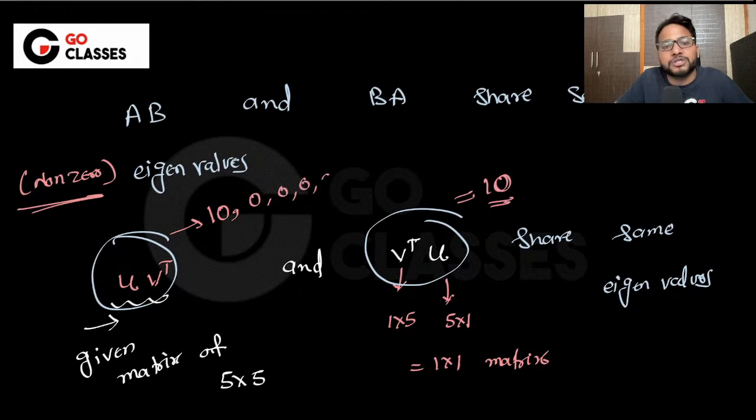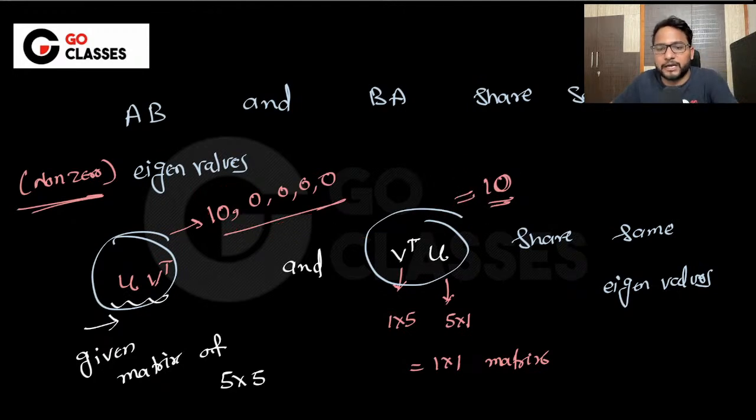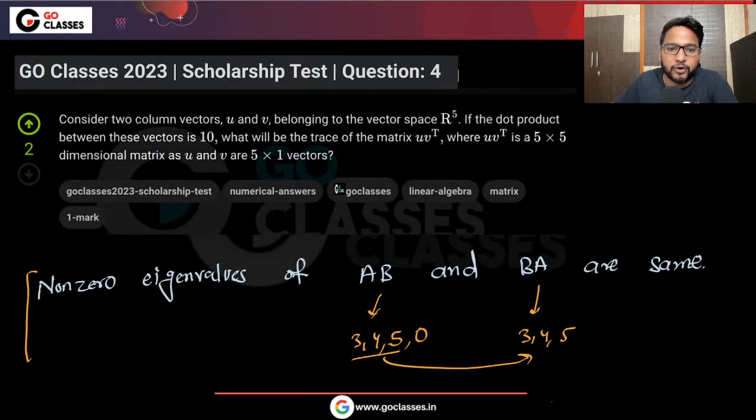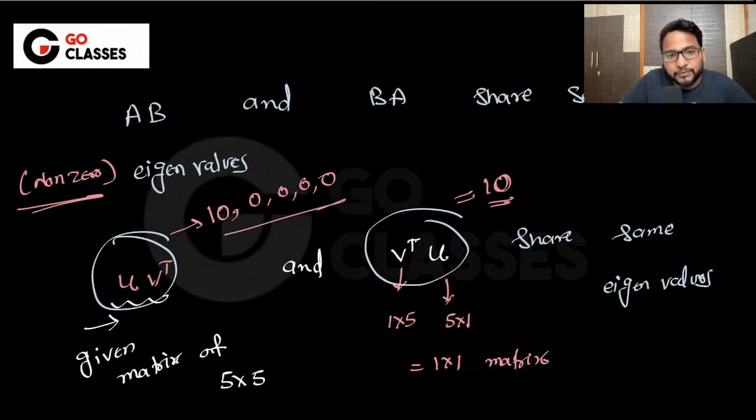These must be 4 zeros, because the non-zero ones must be the same. Actually, I talked about this very exhaustively in the lecture, so that's why I'm directly solving this question. Just watch that lecture. So basically the eigenvalues of this must be 10, 0, 0, 0, 0, that is 4 times 0 and 10.